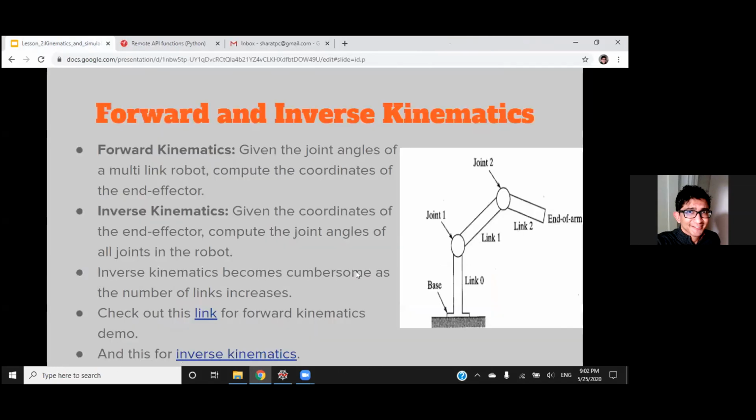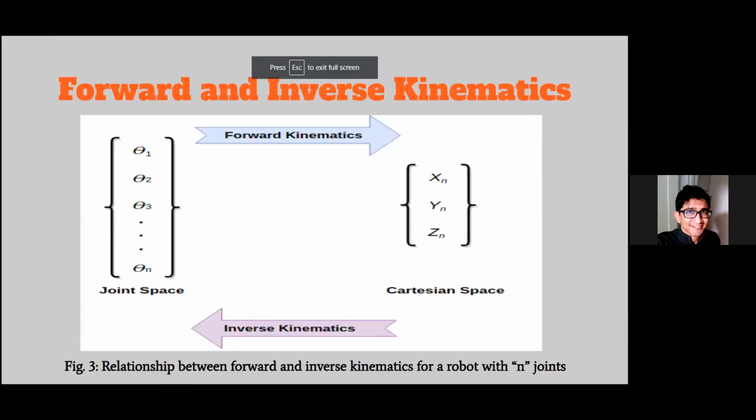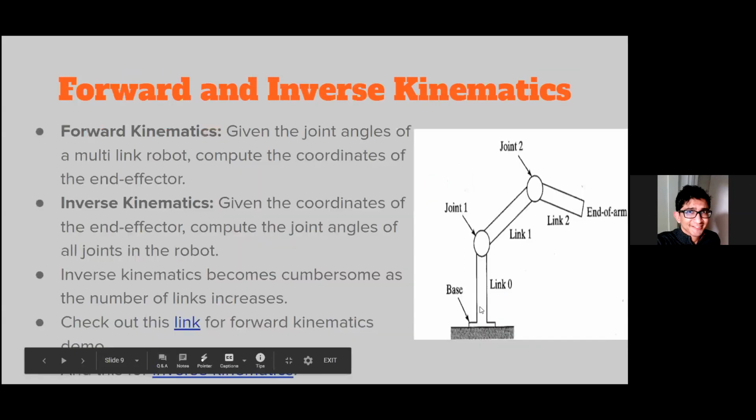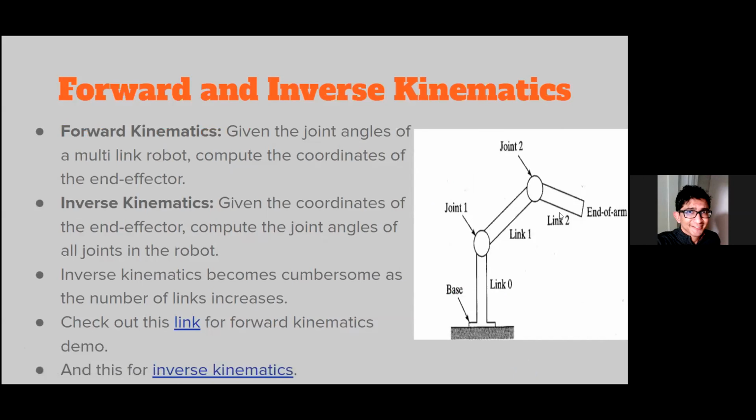And if you want a better understanding or an even simpler explanation as to the relationship between your forward kinematics and your inverse kinematics, you can refer to this simple picture that I created. So theta 1 to theta n basically refer to all joint angles of your robot. So it would basically be in this case theta 1, theta 2, theta 3.